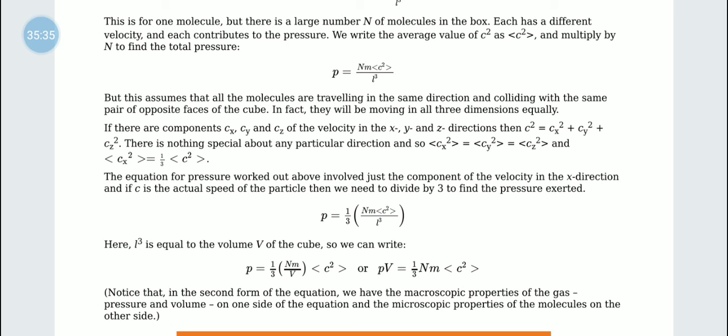As a result, we can take the average of velocity in one dimension to be 1/3 of c squared.